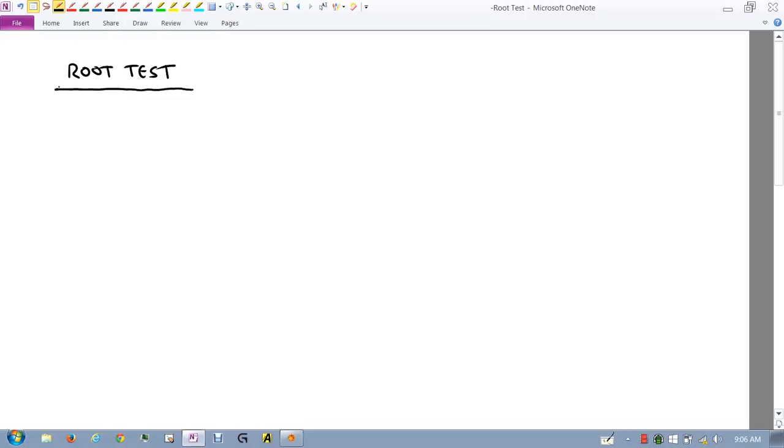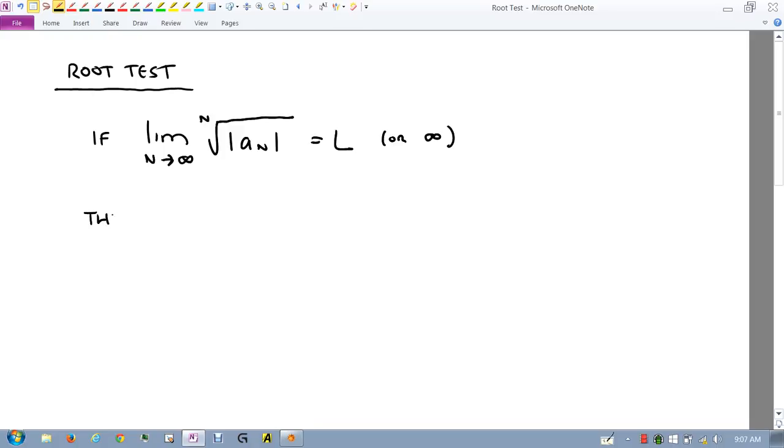It says if you have a series, if the limit as n goes to infinity of the nth root of the absolute value of a sub n equals L, or infinity, then what's the conclusion?